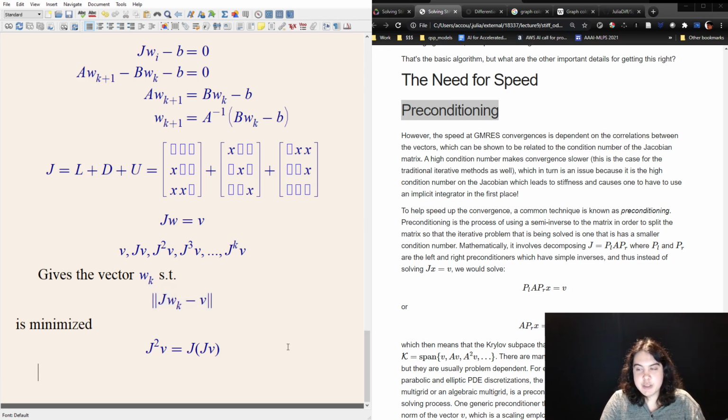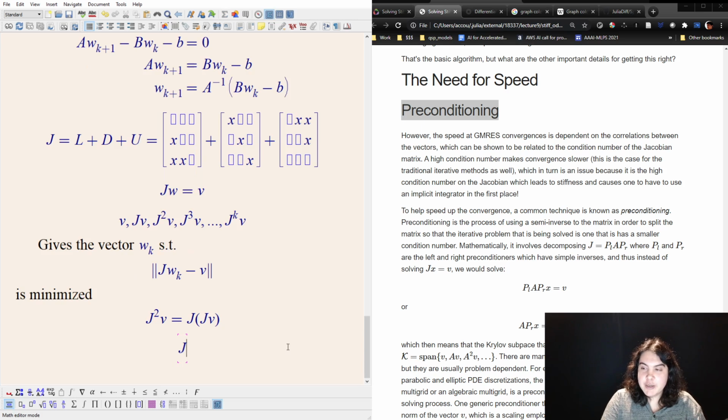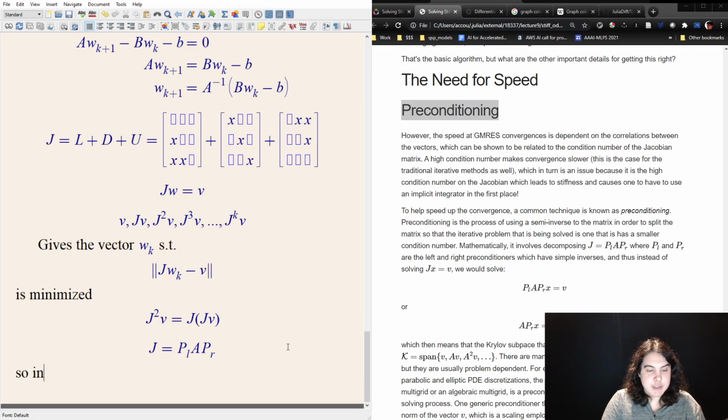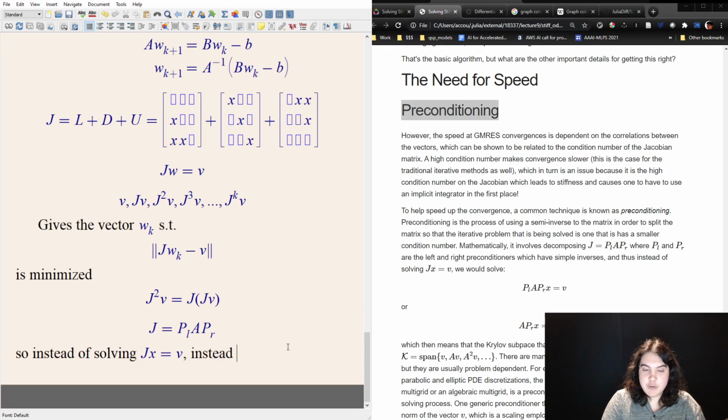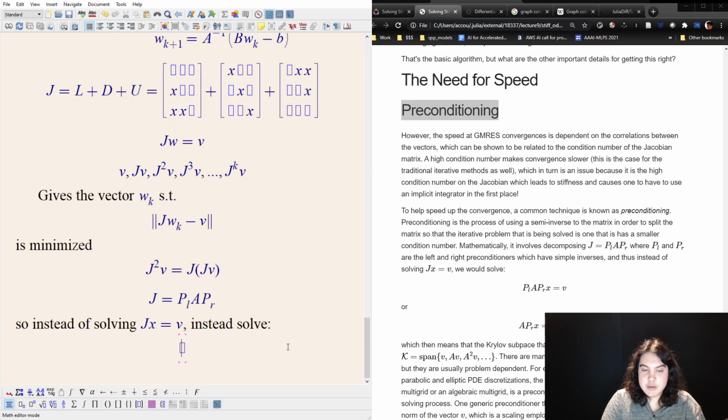And here's how preconditioning works. You have the matrix J, and we want to find something equivalent to J, which is P_L A P_R, right? So instead of solving Jx = V, let's plug that in.